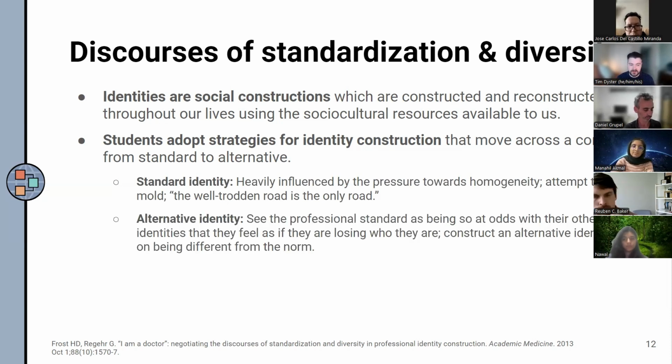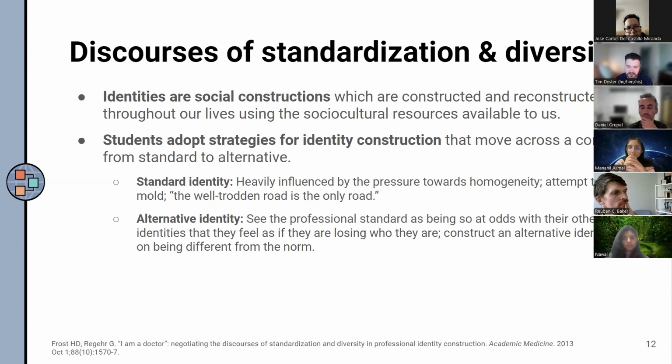Conversely, students can construct alternative identities. And so these individuals tend to see the professional standard as being at odds with their other social identities. And the idea of adopting or constructing toward what is completely standard in medicine would feel like losing who they are. And these individuals therefore seek out ways to create an alternative identity that's actually based on being different from the norm.